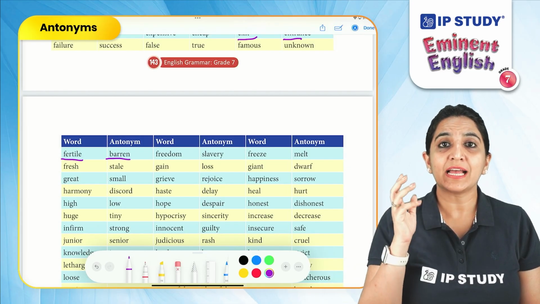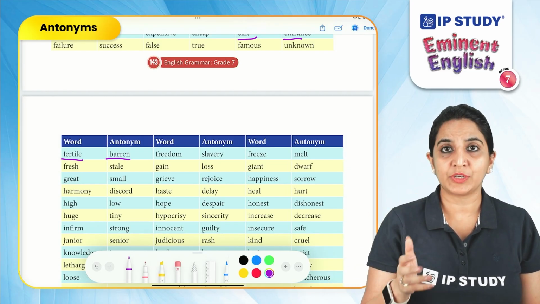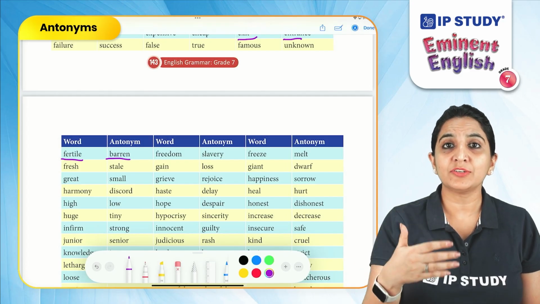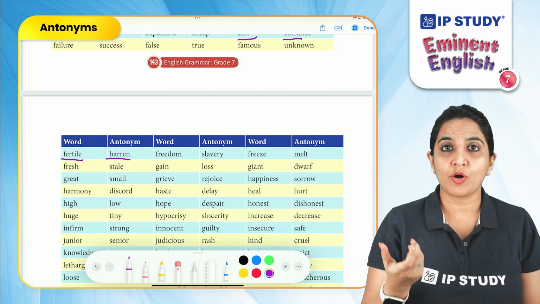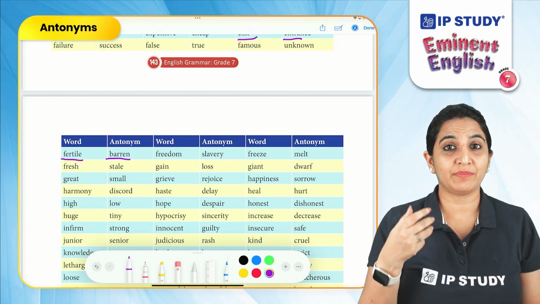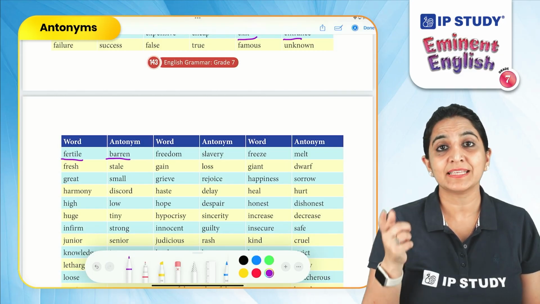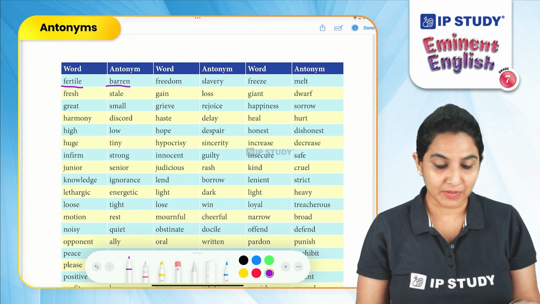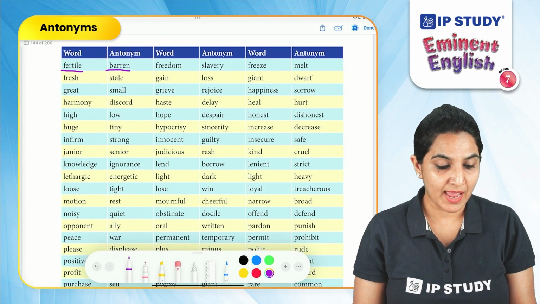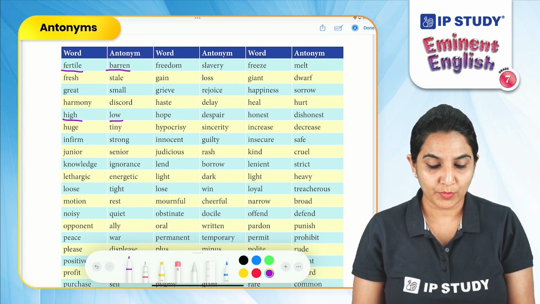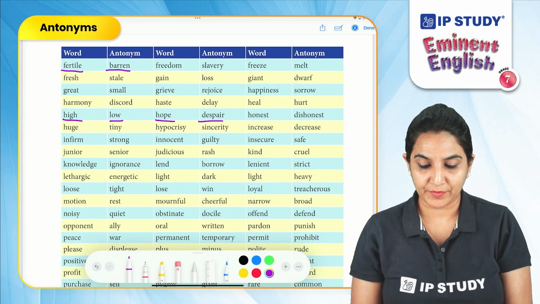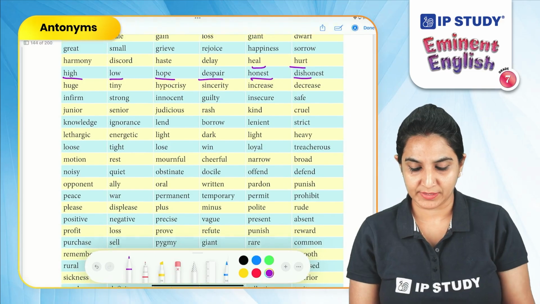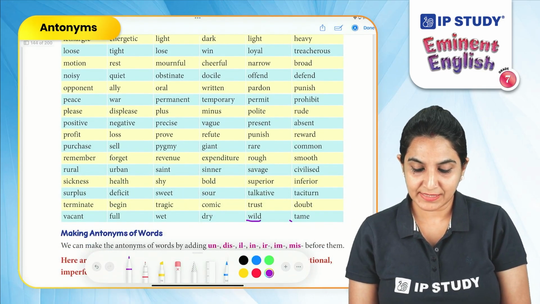We need antonyms in our daily language or while constructing sentences because we need contrasting ideas as well. So when we want to represent contrasting ideas, at that time we think about the opposite words. Some other words and their antonyms can be high, low, hope, despair, heal, hurt, honest, dishonest, wild, tame.